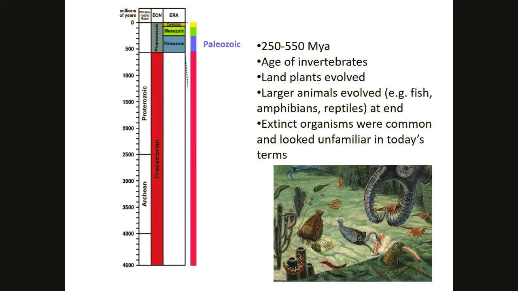It's also during the Paleozoic that land plants evolved, larger animals evolved, fish, amphibians, reptiles at the end. And then there are many extinct organisms from the Paleozoic. There are a lot of organisms from this period of time that look very foreign to us today. These animals are so weird looking.